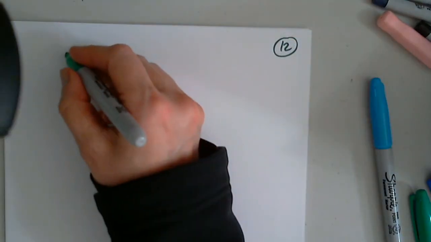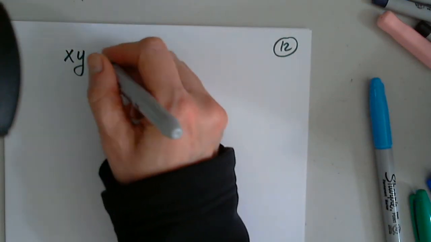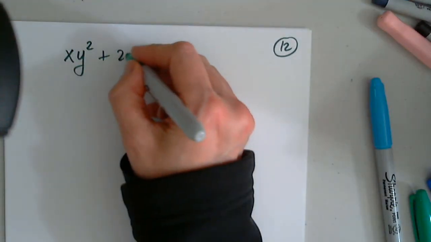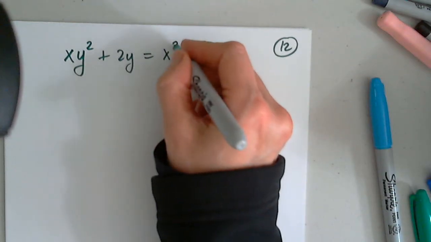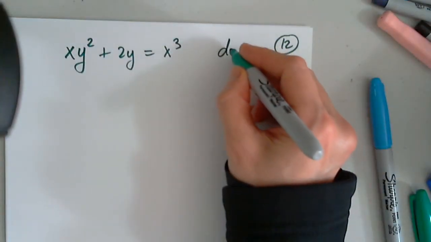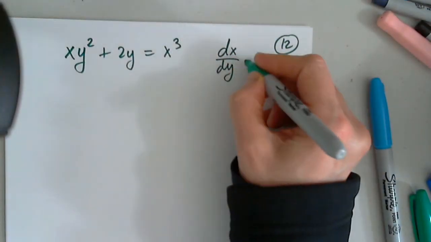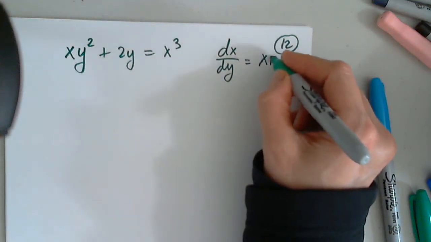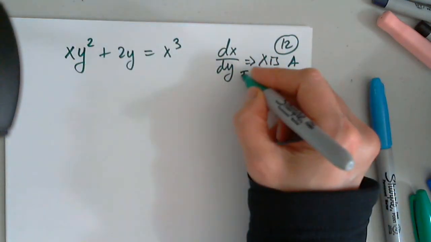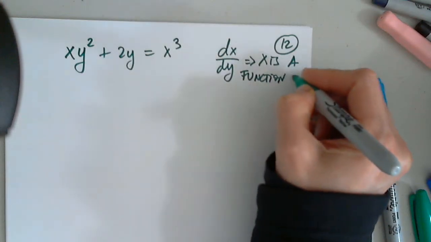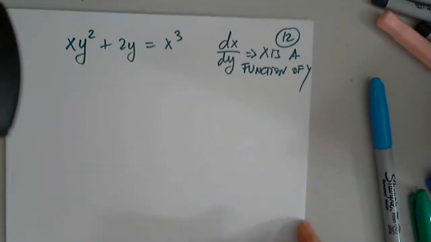So if I'm given, let's say, y squared plus 2y equals x to the third, and I'm asked to find dx over dy, this means that x is a function of y.